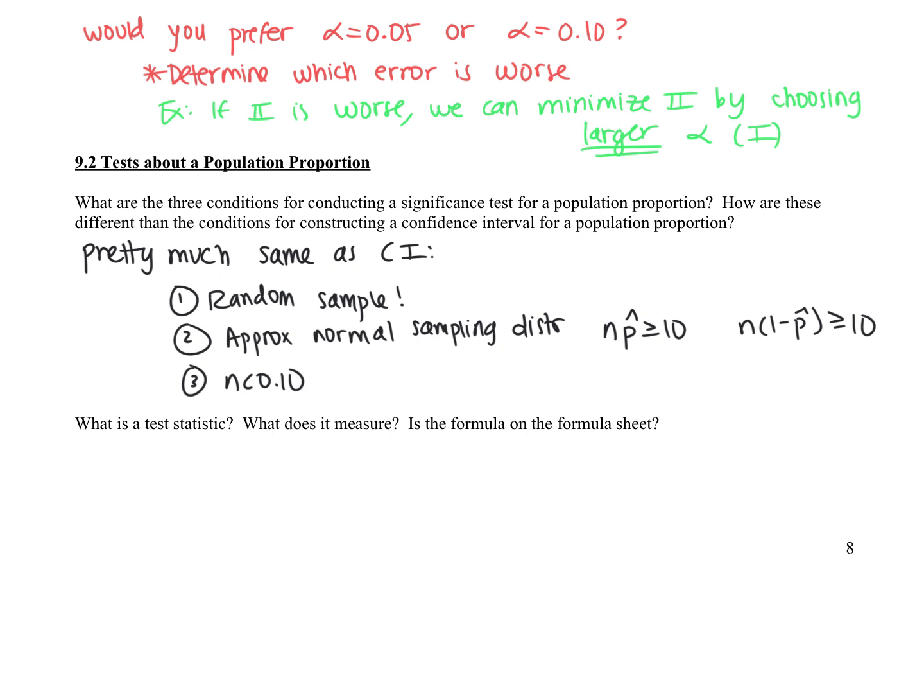The only difference when you're doing a test is you are using p instead of p hat. That is because we are assuming that the null is true. So in the null, we're going to have the value of p. In a confidence interval, you use p hat. That's the only difference, though. That's it.